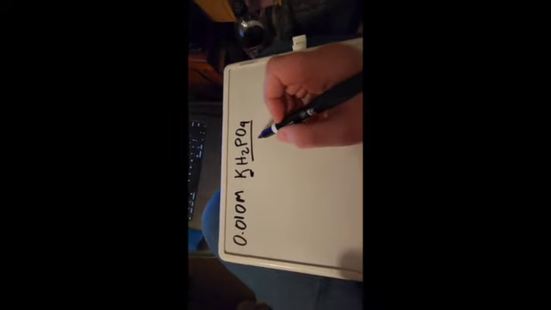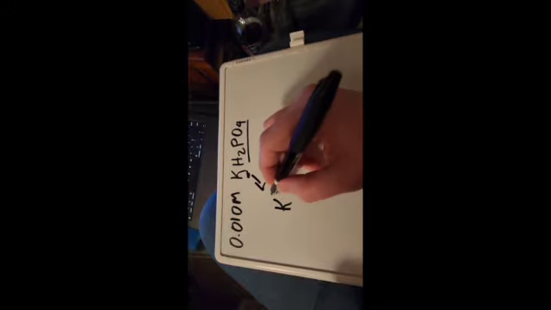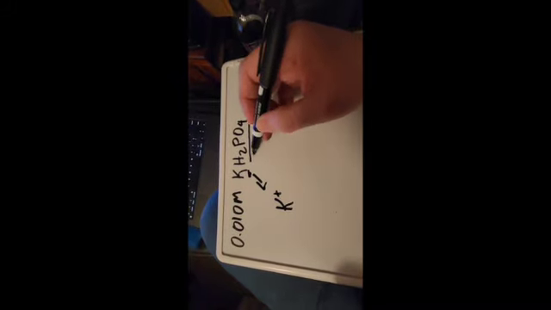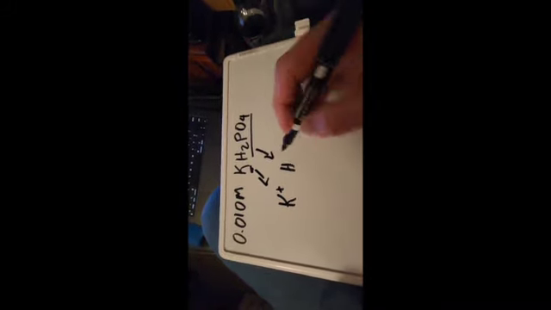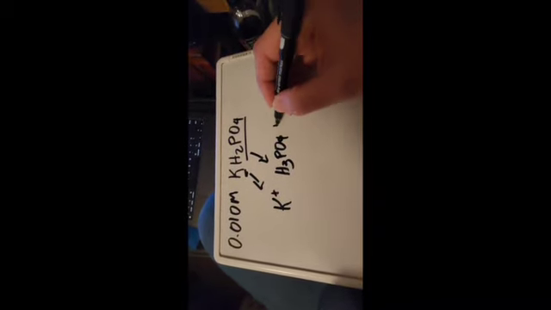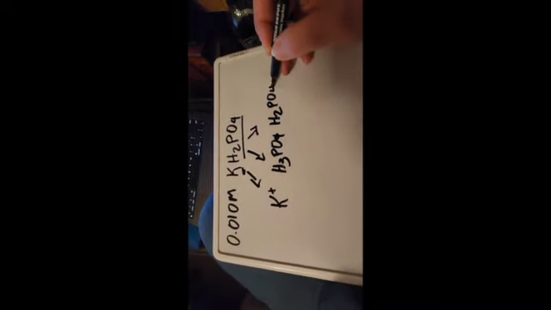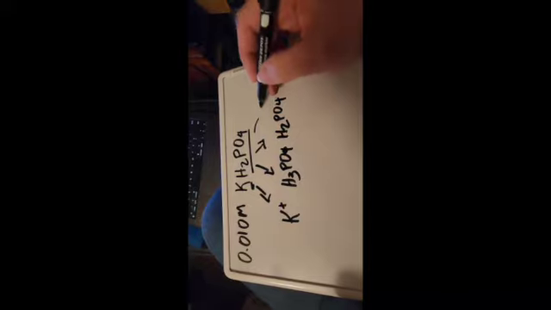The part that's tricky about this is when this ionizes, this is going to go to K+, which is fine, but this is going to go to H3PO4, and then it's going to go over here to H2PO4, and then it's going to keep going.